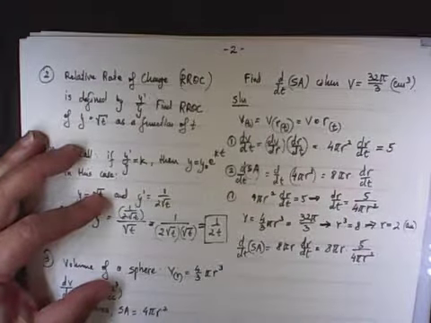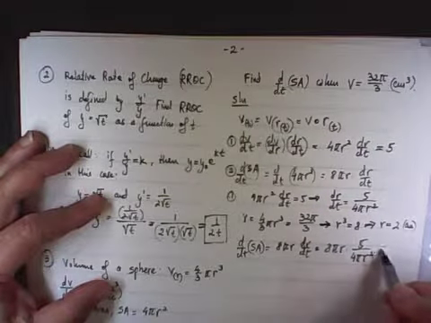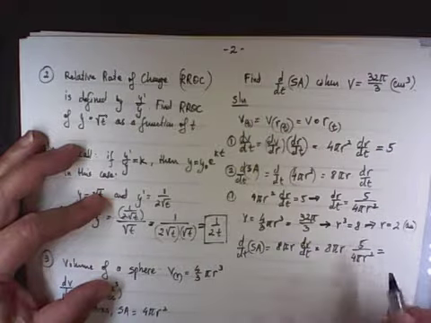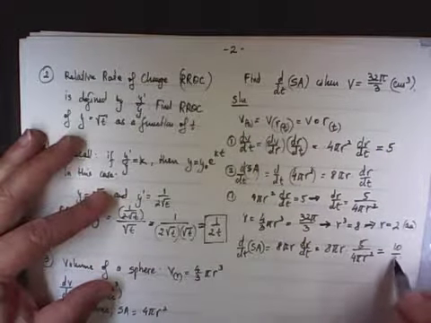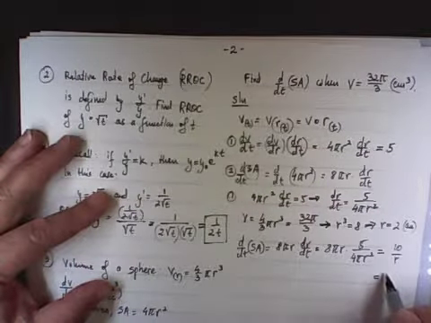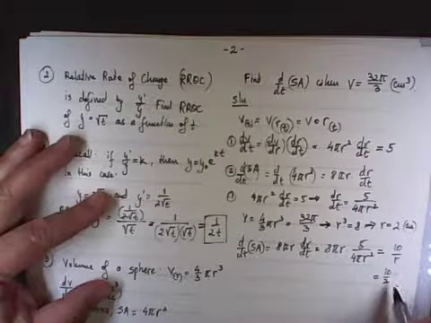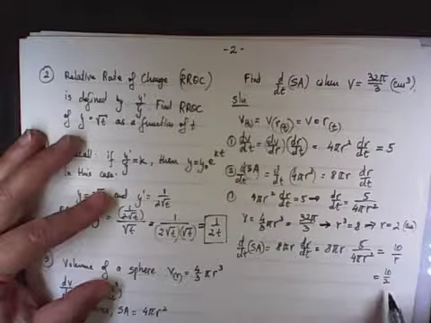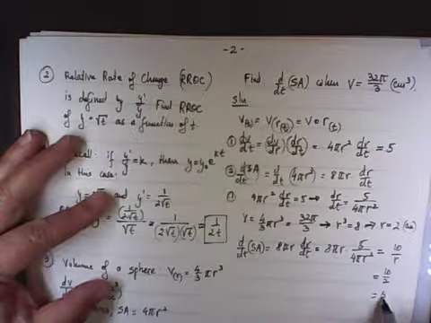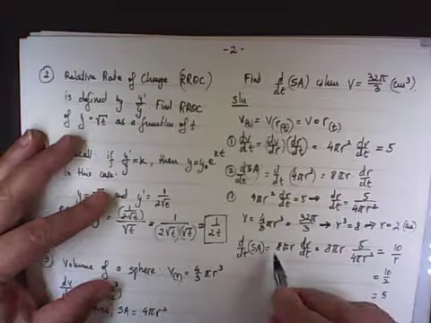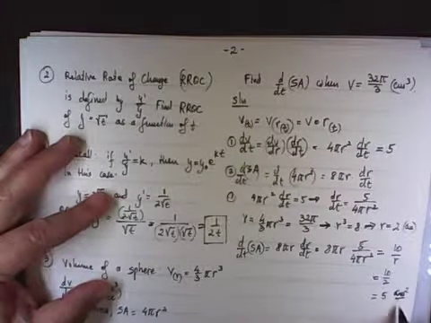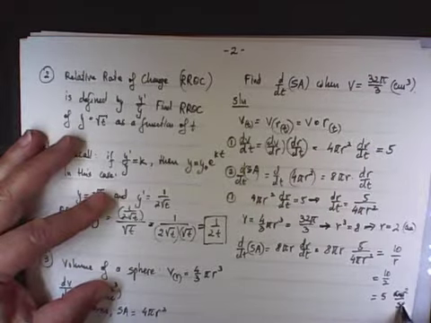And I can do a lot of things, but at the end, if you look carefully, π and π cancel, 8 and 4 give 2, so we have 2 times 5, which is 10, and it will be 10 over r. And with r equals 2, we have 10 over 2, and the solution is 5, I believe. Is that the right solution? And this is surface area, so it has to be centimeters squared per second.